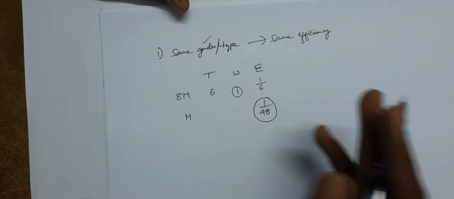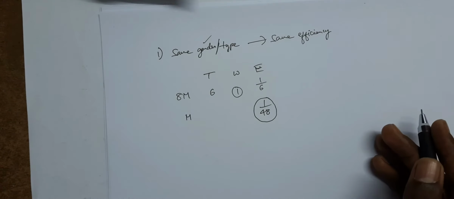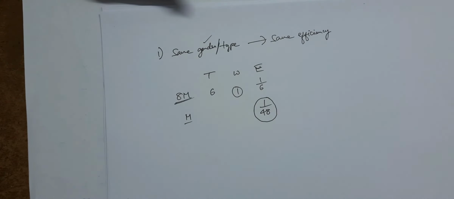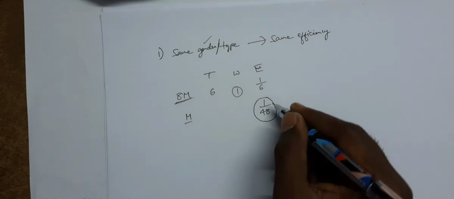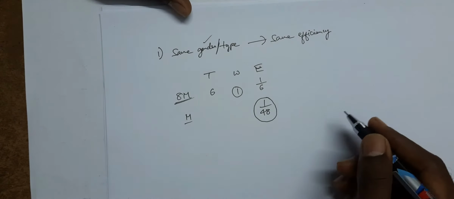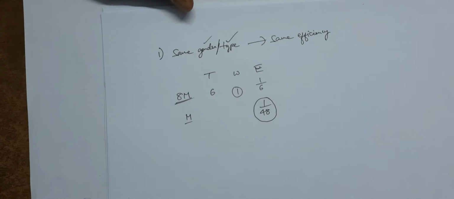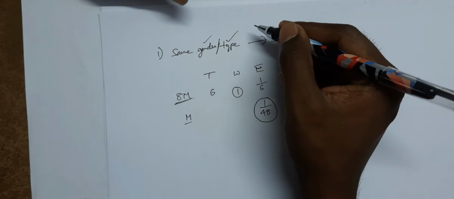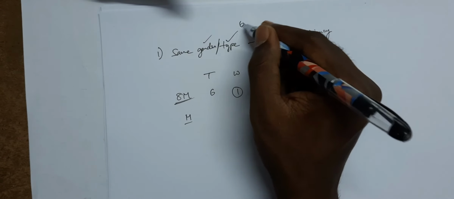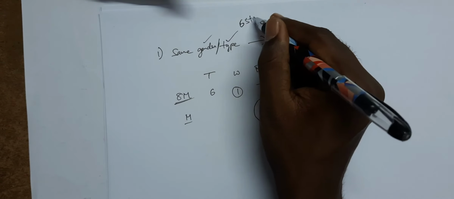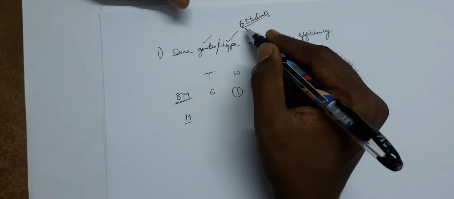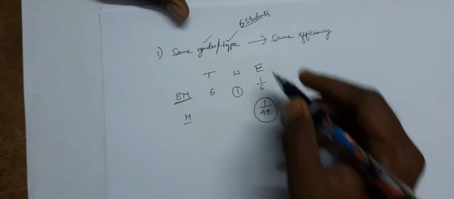But if the names are not mentioned, then all the members who belong to the same gender will have the same efficiency. Okay, now what is type? Now if they talk about the same type of persons, like six students, then all the students have the same efficiency.